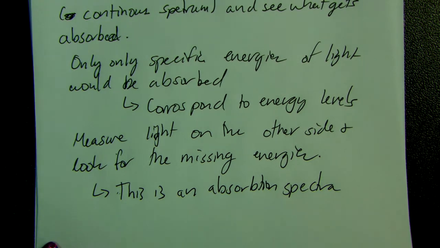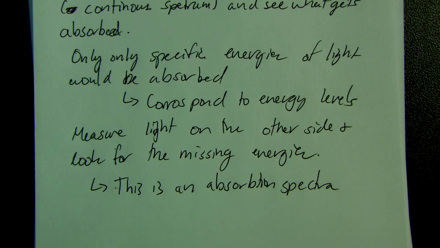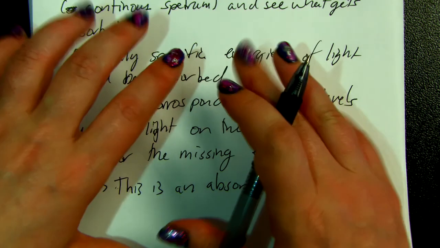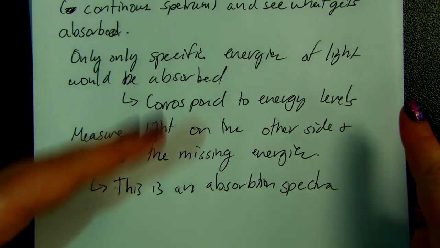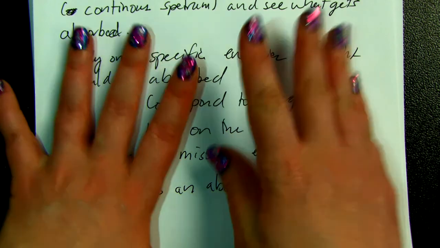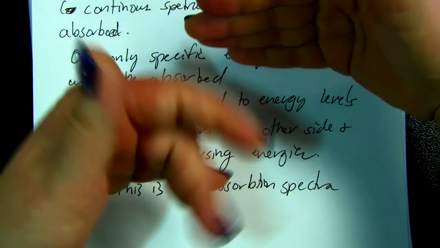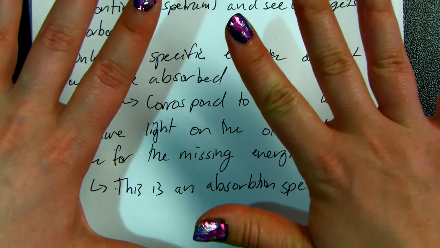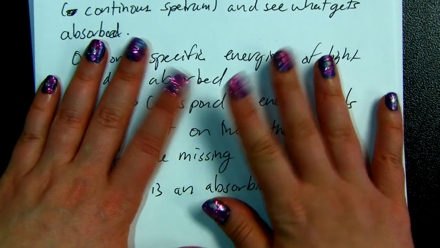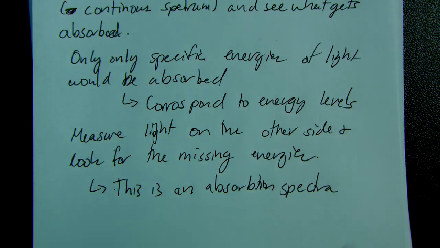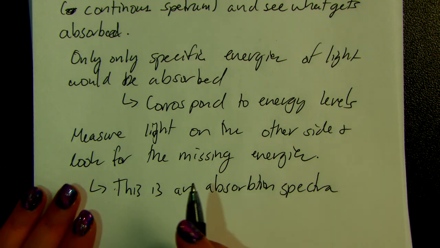And then if you wanted to, you could actually confirm it twice. So if you had your gas and it was all in ground, and then you excited it and you measured which wavelengths of light got absorbed, then what you could do is you could let them de-excite by photon emission, and you could measure the wavelengths of light that got emitted, and you could really confirm what the material is made of.